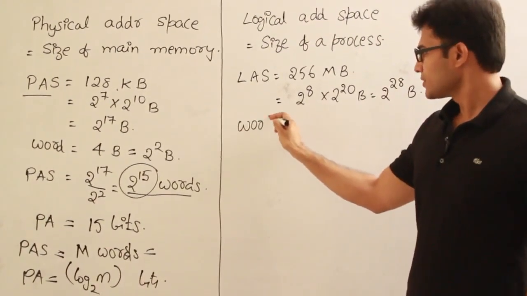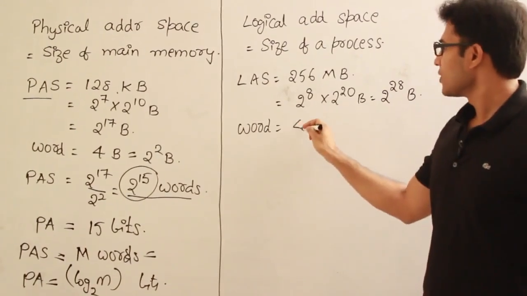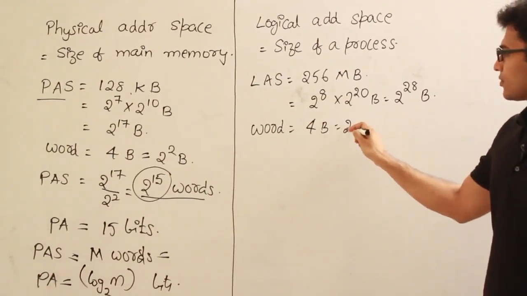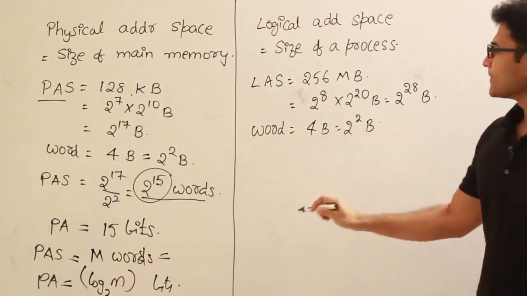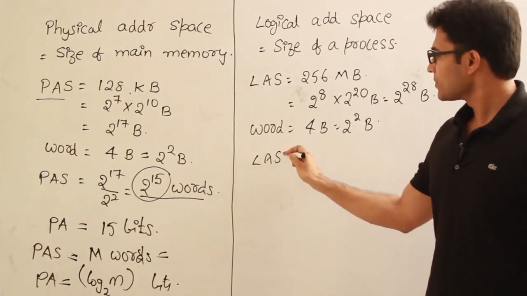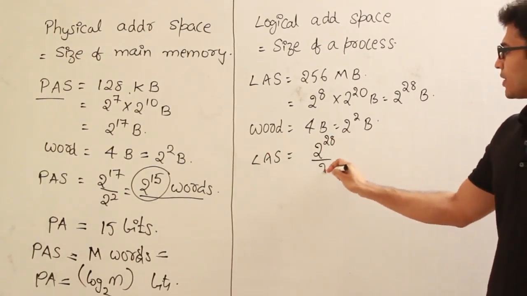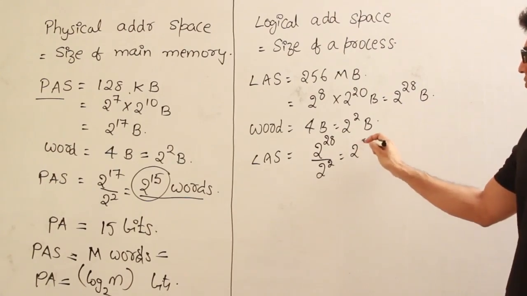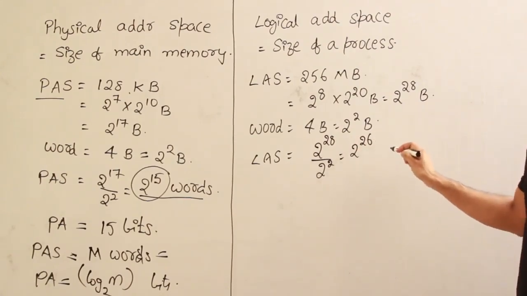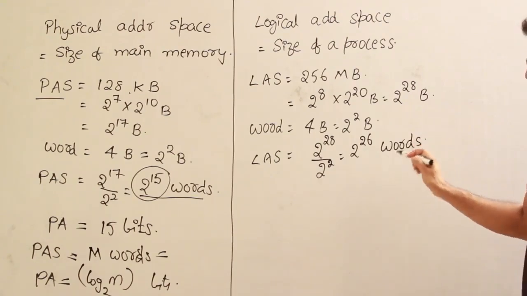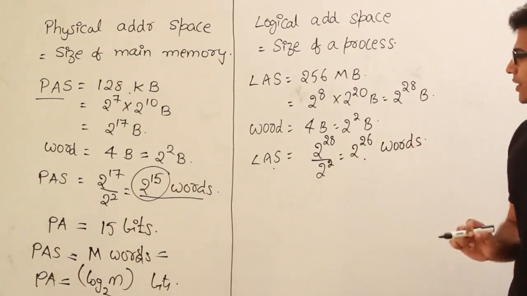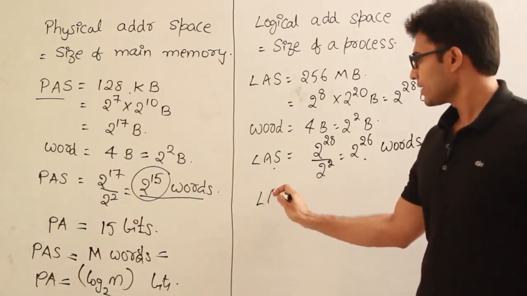And then you can find out the words. Let us say word size is given as the same thing, 4 bytes, right, which is nothing but 2 power 2 bytes. Then what is the logical address space in terms of words? 2 power 28 divided by 2 power 2, which is nothing but 2 power 26 words, right? So once you find out the logical address space in words, then you can define the logical address.